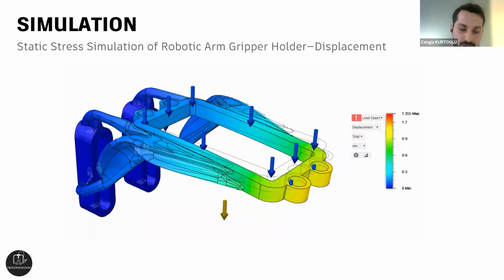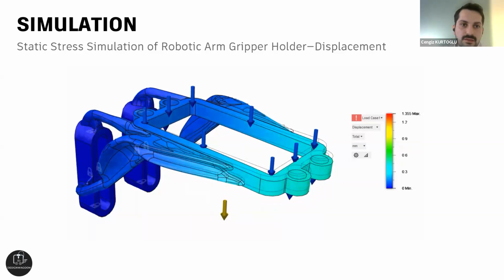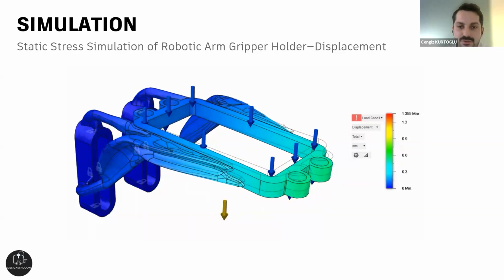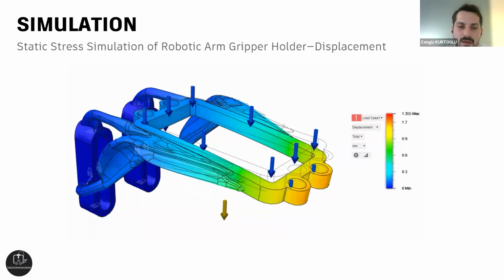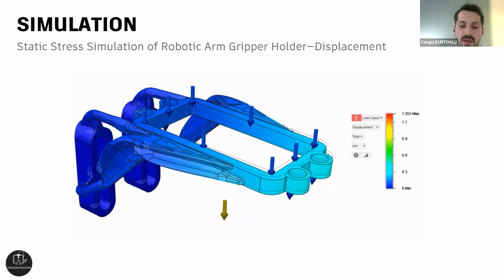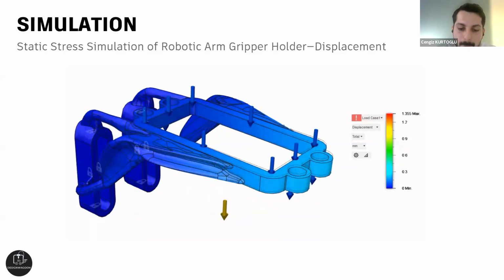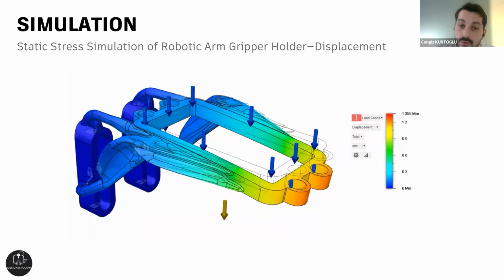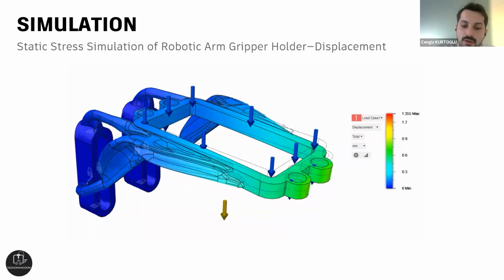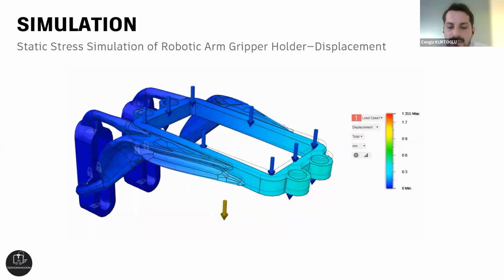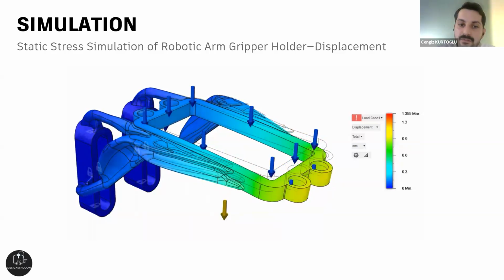Which is very important to get knowledge about the simulation, static stress simulation. We will have a chance to discuss these types of projects. And also, you can use shape optimization, or topology optimization, which is widely used to optimize or lightweight your parts.